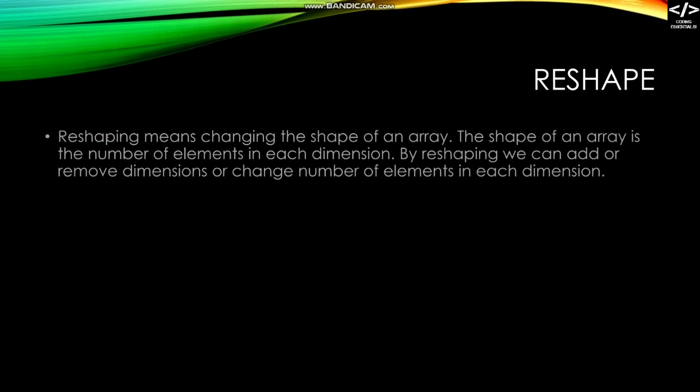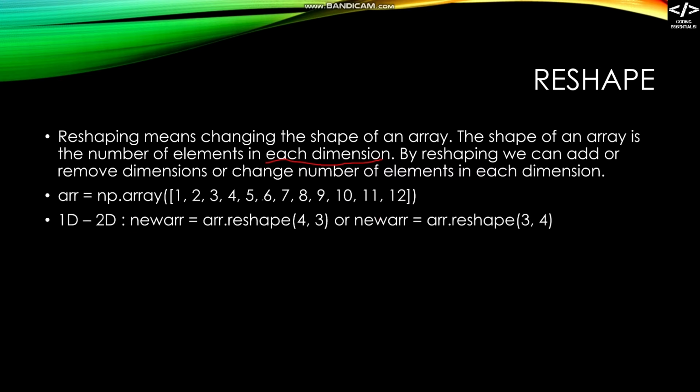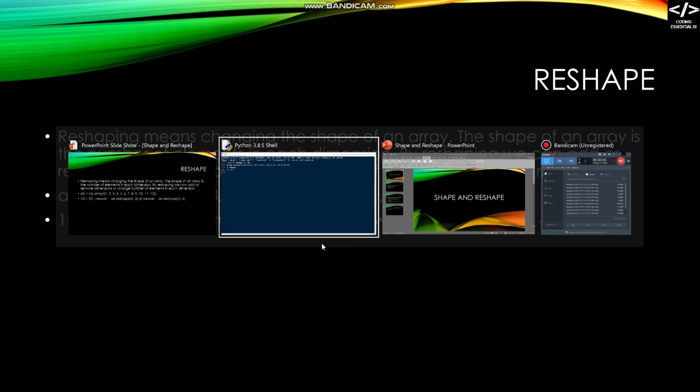Moving on to reshape. Reshaping means changing the shape of an array. The shape of an array is the number of elements in each dimension. By reshaping, we can add or remove dimensions or change the number of elements in each dimension. For example, if we take a 1D array and change it from 1D to 2D using reshape.